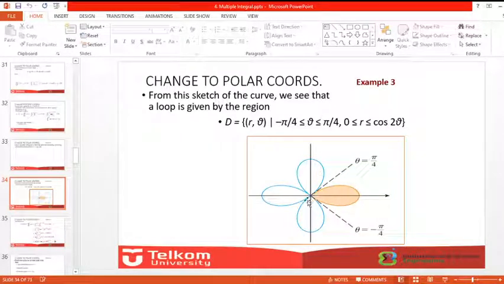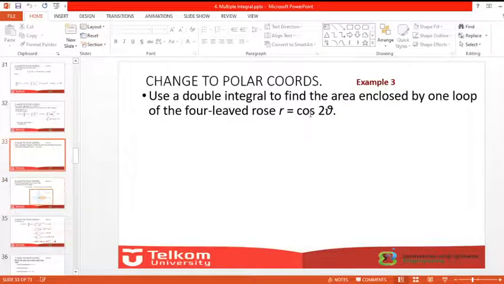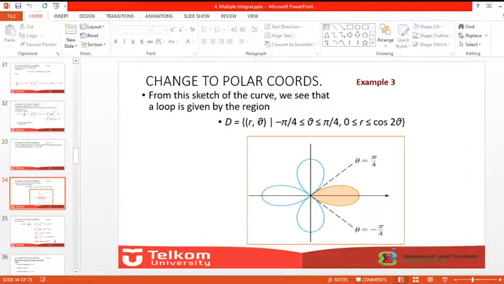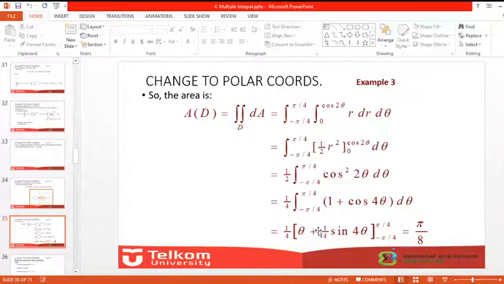I'm sorry, this is p over 4 and this is p over 2. Because this one loop is for the 4 leaves, every part will be divided by 4, so we got the p over 4. So this one from 0 until cos theta, minus p over 4 until p over 4. So then we can get this result.